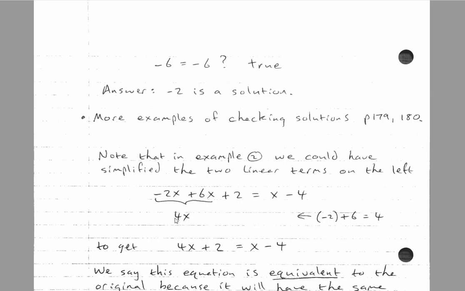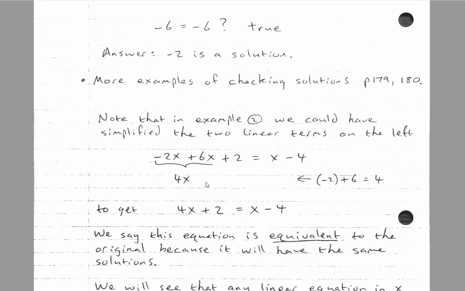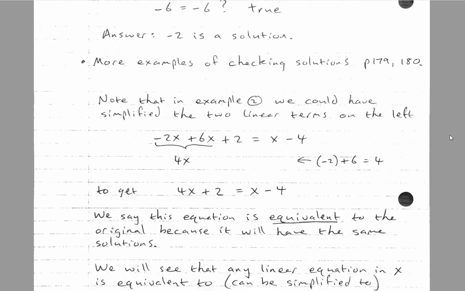Negative 2 plus 6 is 4. So the original equation simplifies to this slightly simpler version. And we say that this equation here is equivalent to the original. So that means it has the same solutions.